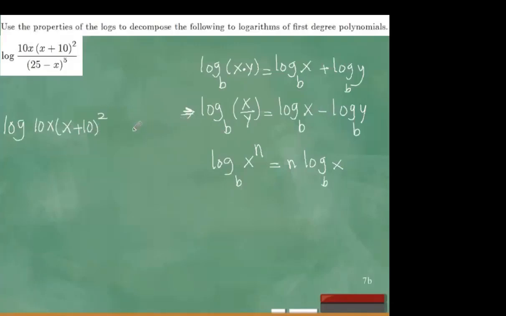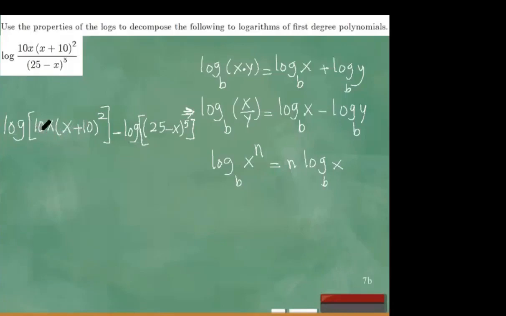Now minus log of what I have at the bottom of the fraction, which is 25 minus x to the power of 5. Looks like I can continue with expanding the first one because there are products.